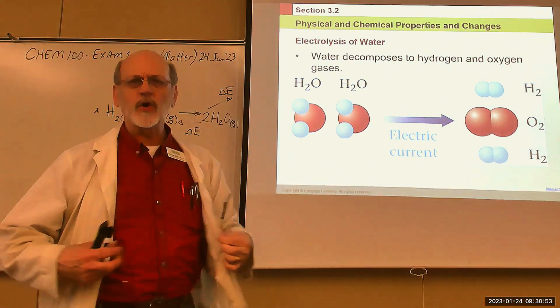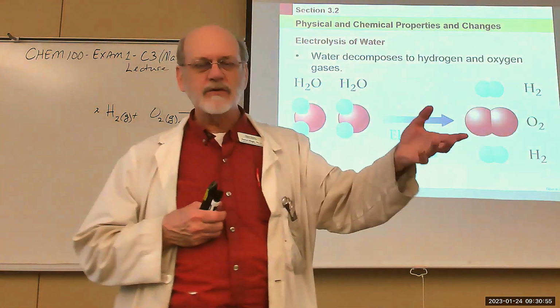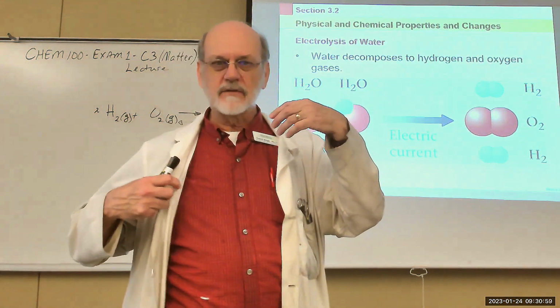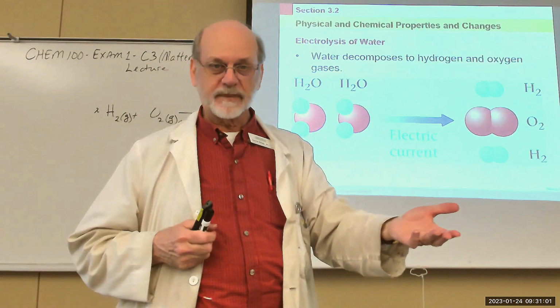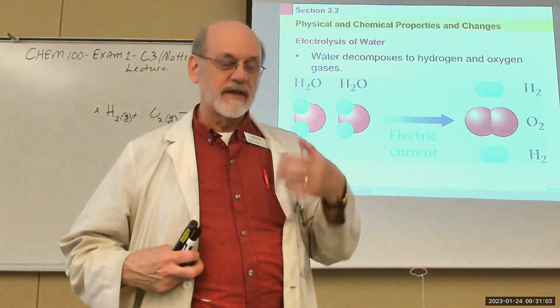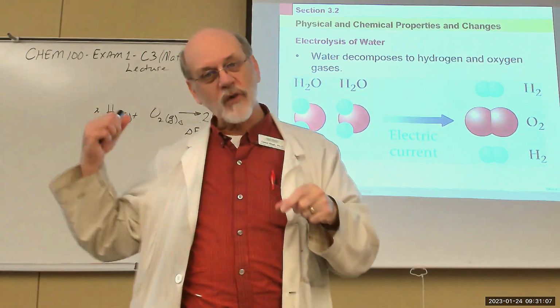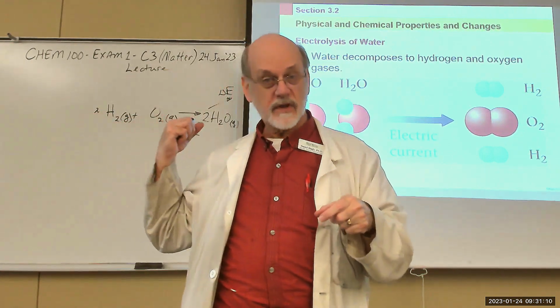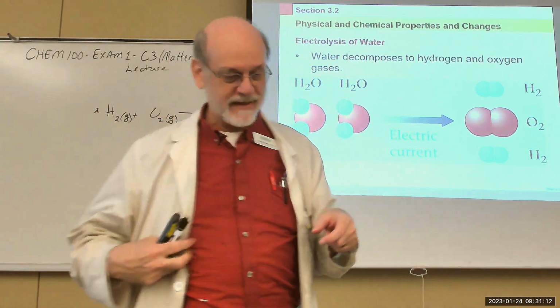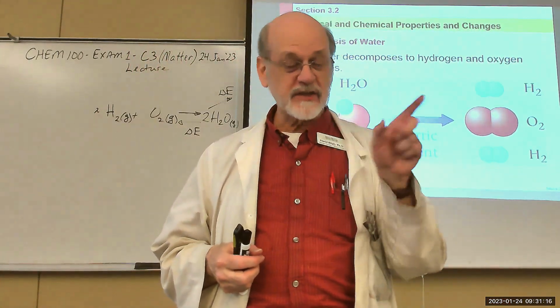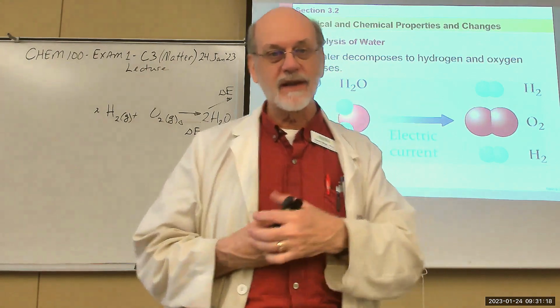If a word problem said hydrogen and oxygen are mixed together and reacted to produce water, then you would have to know that hydrogen is diatomic and oxygen is diatomic in order to write the correct chemical equation. So it's important to memorize those and take special note of those diatomic elements.